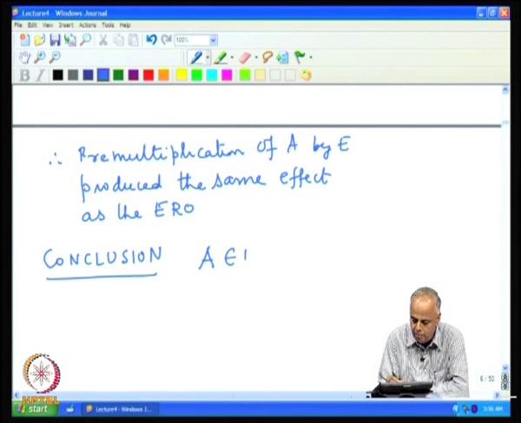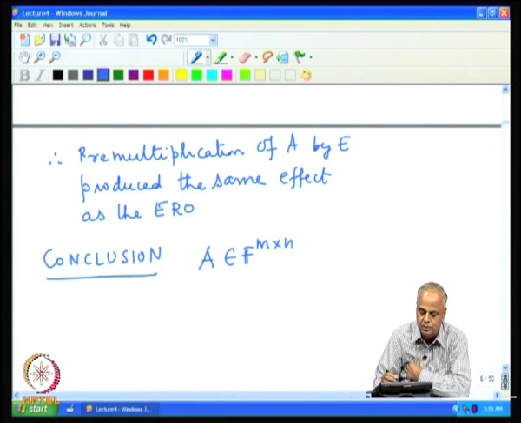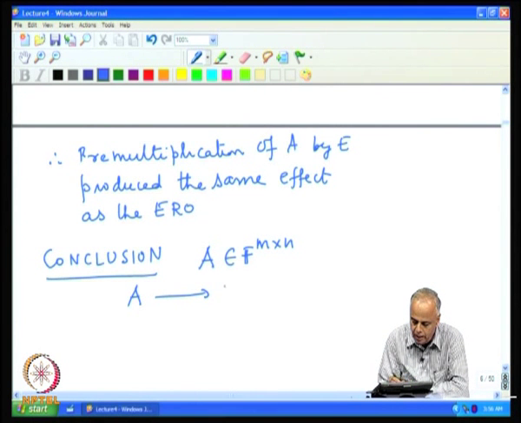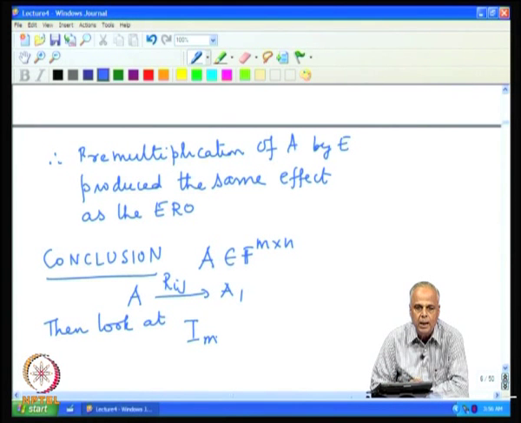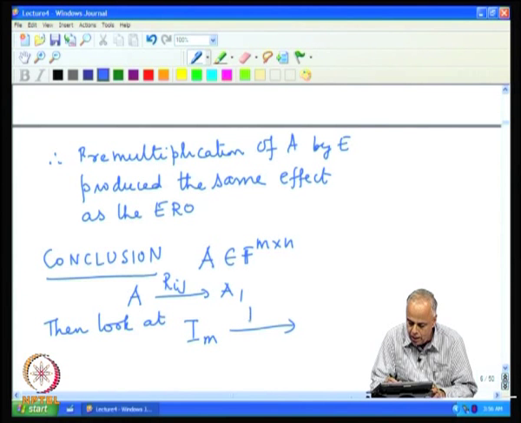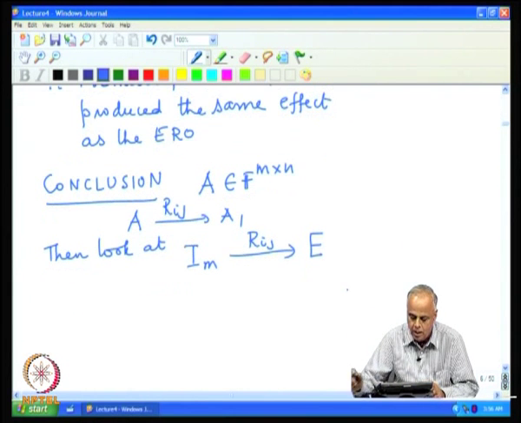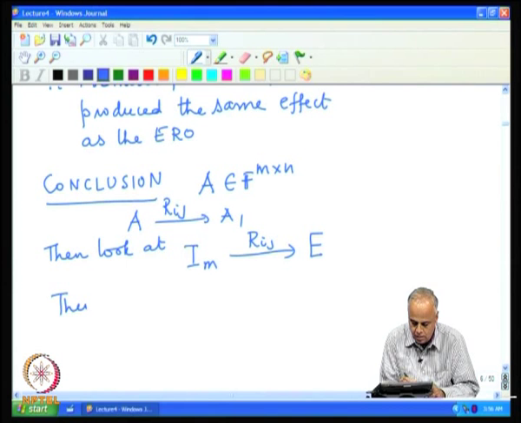if we have an m by n matrix A, analogously in the general situation, and if A 1 is obtained from A by R i j, then look at I m, the m by m identity matrix, apply R i j, the same elementary row operation that we did on A, to the identity matrix I m to get a matrix E, then E A will be equal to A 1.